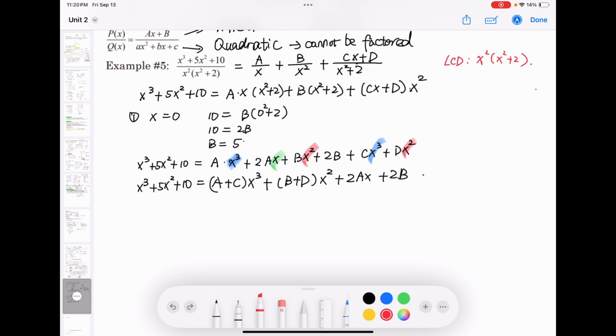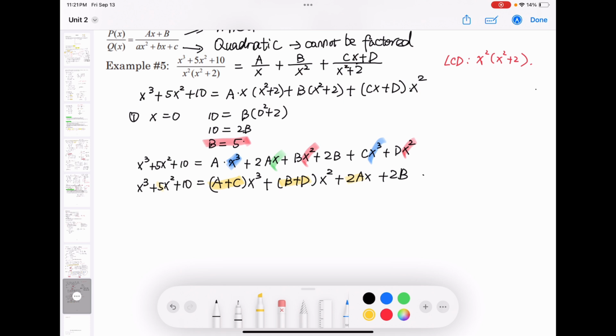So we can highlight our 5. From which part can I find my a, c, and d? Let me use a different color. a plus c is equal to 1 because the coefficient in front of x cubed is 1. b plus d is equal to 5, and then we don't have the x term on our left-hand side.